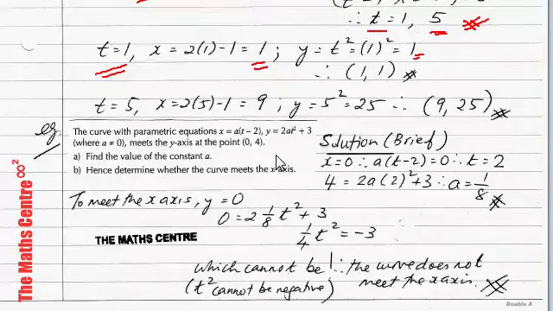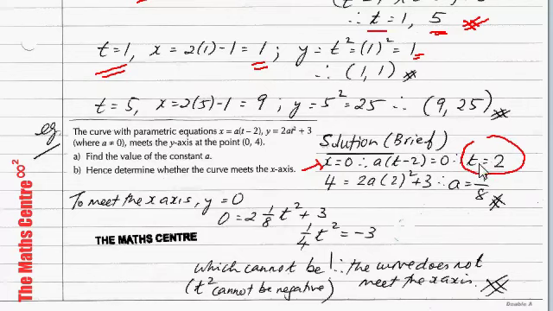The question says the curve meets the y-axis at the point (0, 4). So when a curve meets the y-axis, you know that x equals 0. So set your x equals 0, write a times (t minus 2) equals 0. Therefore you know t equals 2, since a cannot be 0.